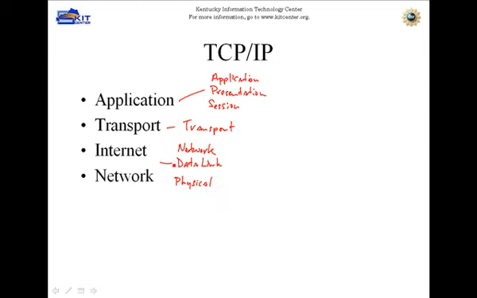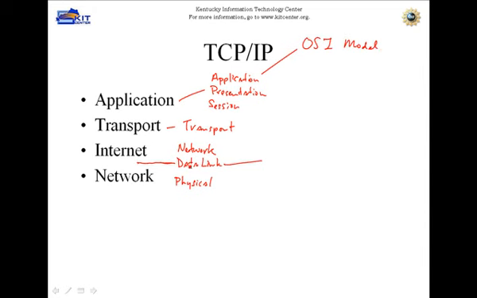So typically what they do here is there's a kind of dividing line here. And the TCP/IP internet layer is comprised of the network layer in the OSI model. So all this is the OSI model.